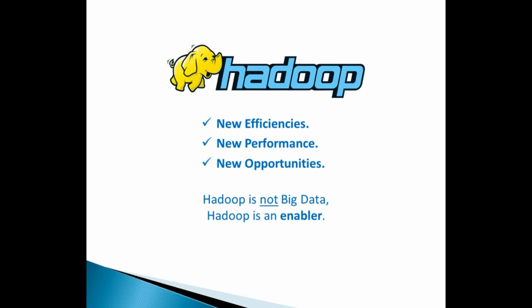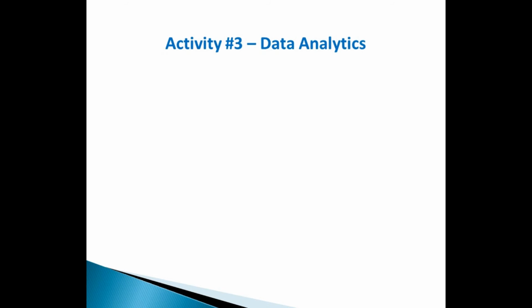But Hadoop is not big data. Hadoop solves a major issue as a new data platform, but it's only one part of the big data picture. So now we have our data, and we have a way to store and process our data. Now, all that's left is for us to make sense of all our data. This brings us to our third activity, data analytics.